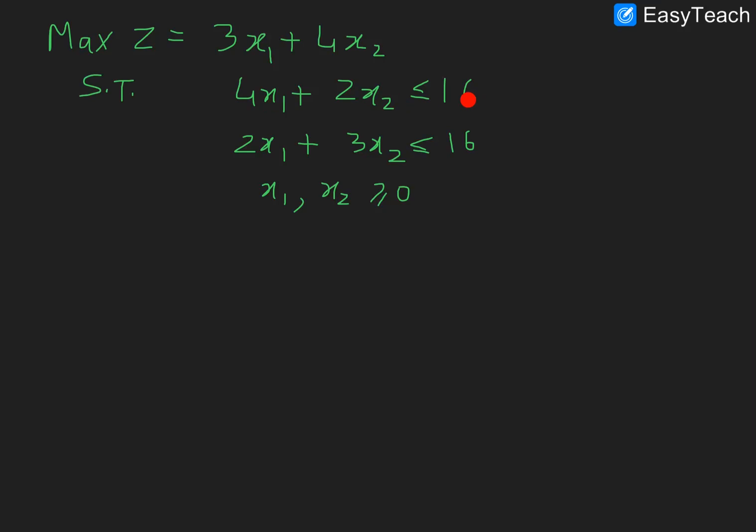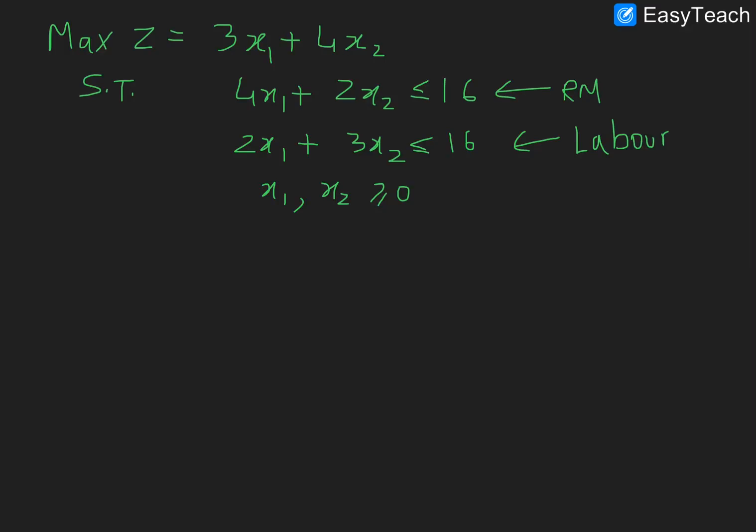This should have the same meaning, and we just convert this into a simplex compatible form. Before that, just try to remember this was our raw material constraint and this was our labor constraint.